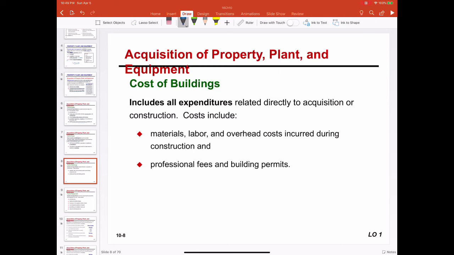If it is constructed, the cost should include all the materials, labor, overhead incurred, and any other fees, such as building permits. Self-constructed assets, we will have one section to talk about in detail later.